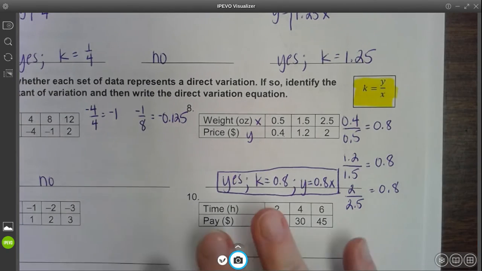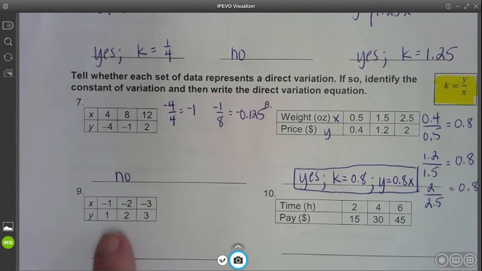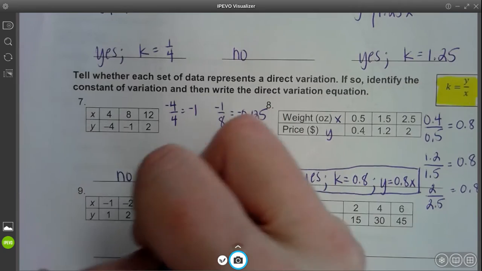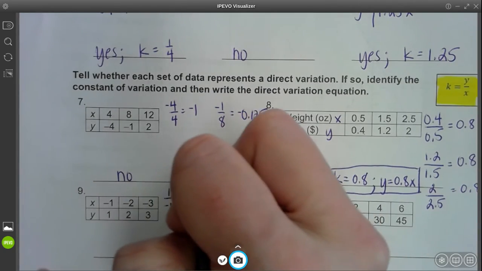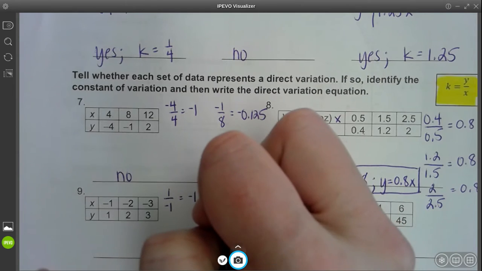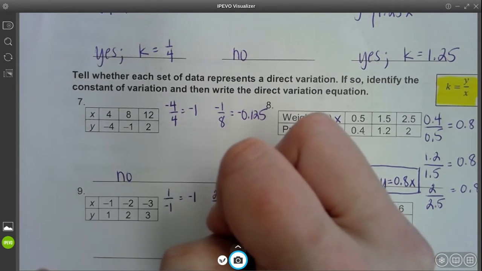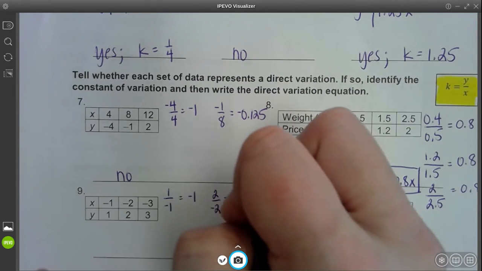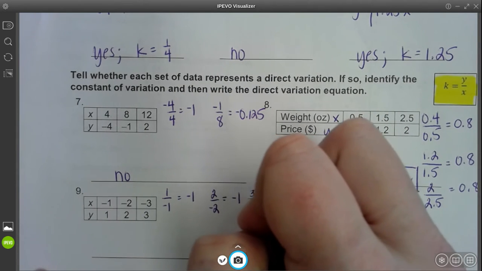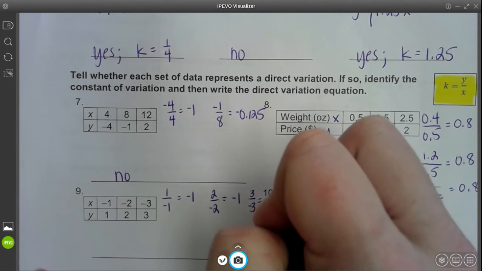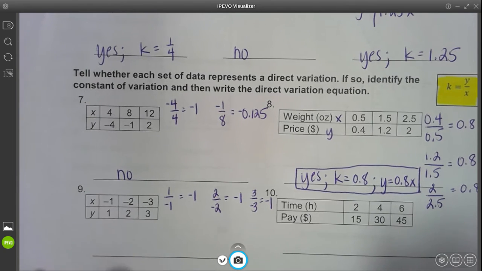All right, and this next one, again, I'm going to do the y divided by the x. So 1 divided by -1 is -1. 2 divided by -2 is equal to -1. And 3 divided by -3 is also -1.